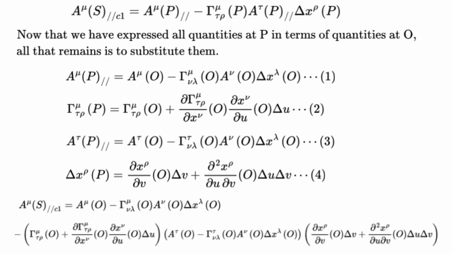Now that we have expressed all quantities at P in terms of quantities at O, all that remains is to substitute them. We have now substituted 1 through 4 into the equation. From here, the calculation continues as we expand and organize this expression, so please pause the video and check it at your own pace.